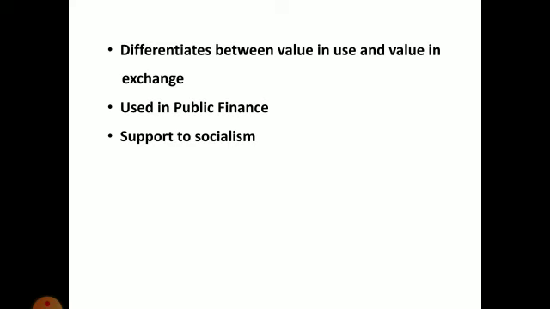For example, let's take the diamond-water paradox. We all know that diamond has little value in use but has a great value in exchange, whereas water has great value in use but little value in exchange.